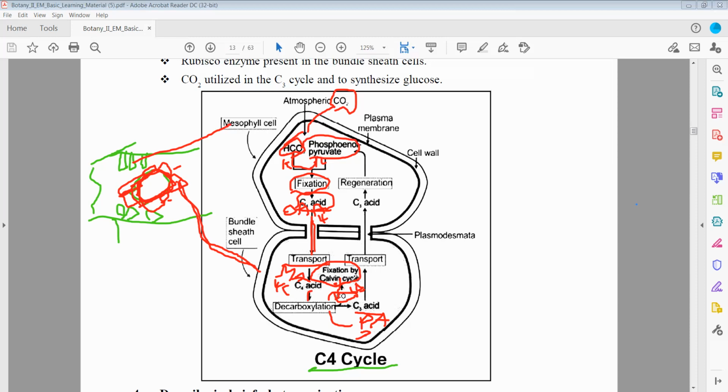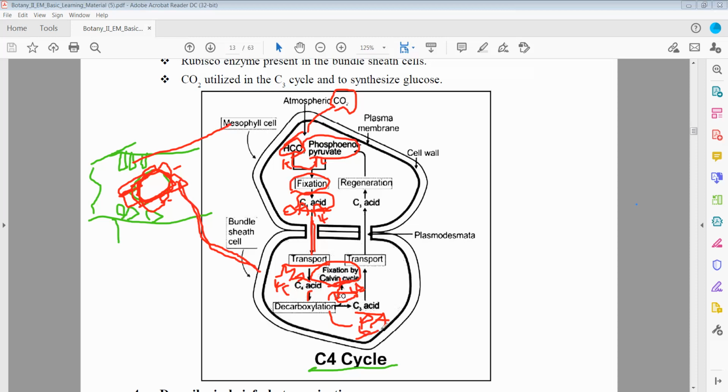So you have to keep in mind that the Calvin cycle occurs in the bundle sheath cells. Actually, it is the C4 cycle, but the C3 cycle also occurs in C4 plants. The C3 cycle is nothing but the Calvin cycle, where glucose is formed from carbon dioxide.